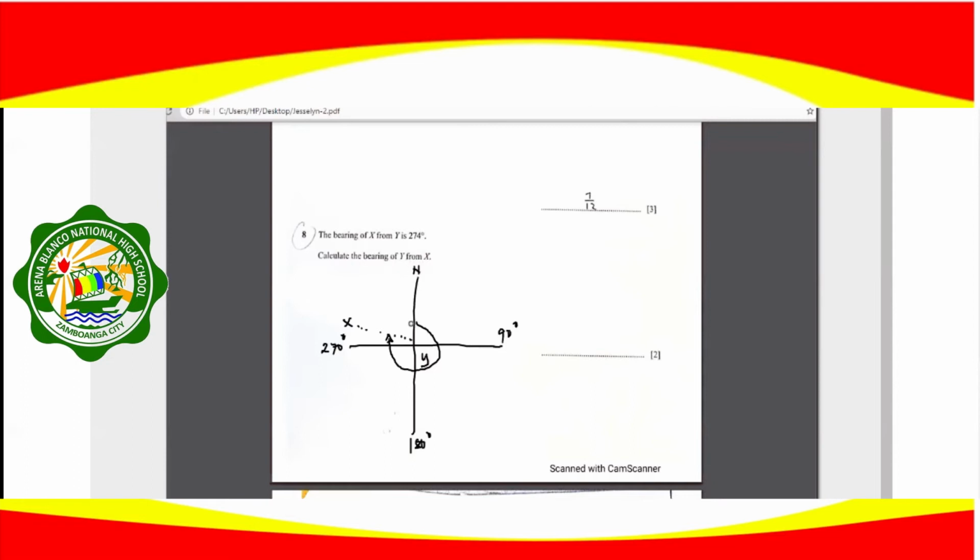Since the bearing of x from y is equal to 274, now we are asked to solve for the bearing of y from x. So we are going to draw another imaginary line here, because we are going to calculate the bearing of y from x, meaning this angle. Correct?